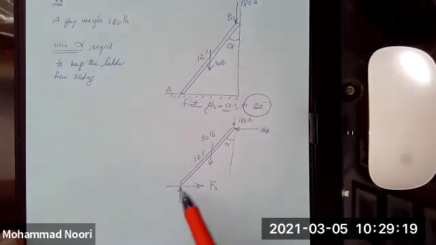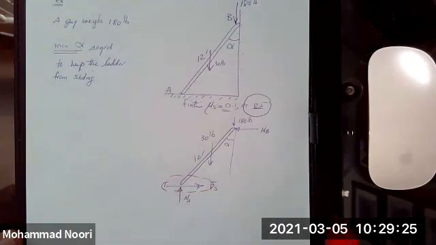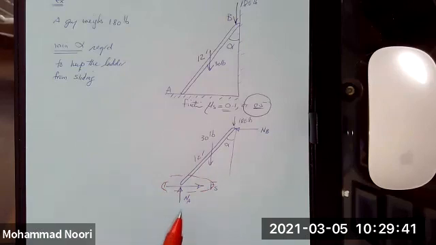There are two things that make these problems different, although they are frame problems, or you treat them differently. Number one is that when you draw the free body diagram, you should identify what direction this friction force is. Very simple.